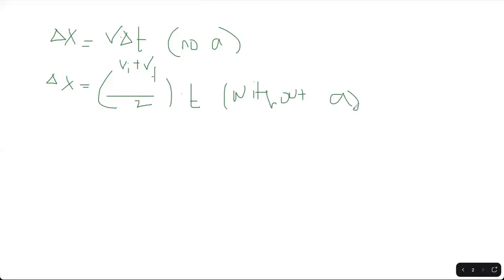You want to find one variable, and then one variable is just not mentioned at all. In this case, if acceleration is not mentioned at all, you use this formula, because this formula does not have acceleration in it. There's still acceleration in the problem, but acceleration is not given and does not want to be found. So you would use this equation in that case.